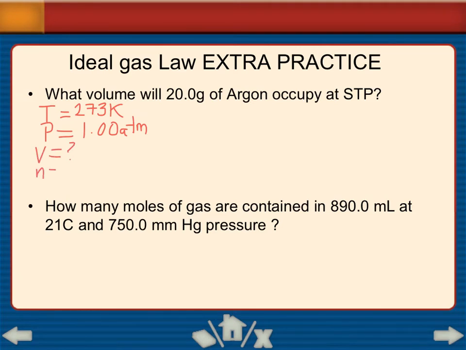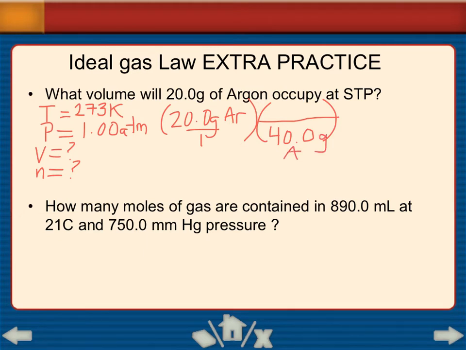We also have not been given the value of n, the number of moles, but we can figure that out. We can take the 20 grams of argon and convert to moles using its molar mass. If you look on the periodic table, argon has a molar mass of 40 grams per mole.